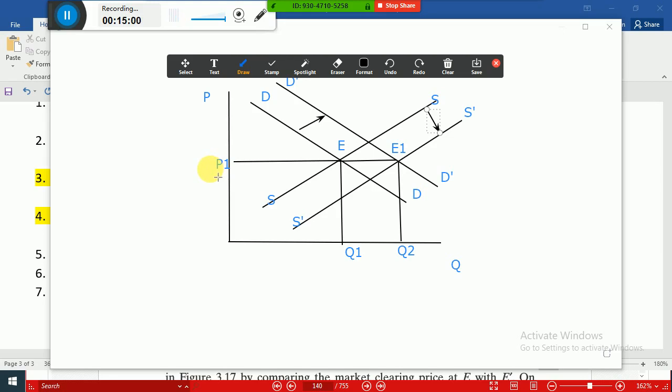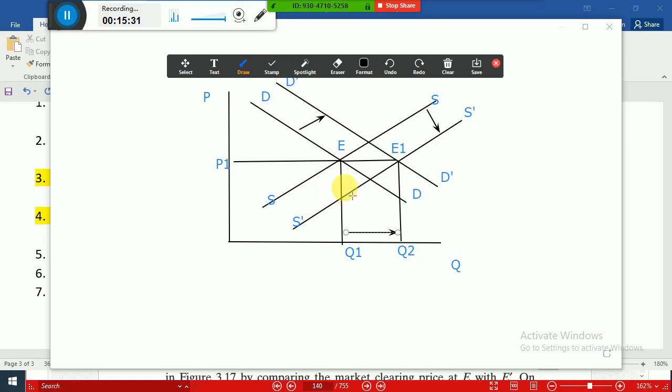However, because demand and supply have increased, that means buyers want to purchase more goods and services, suppliers want to sell more, so equilibrium quantity has increased from Q1 to Q2.